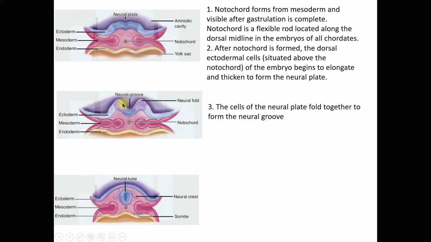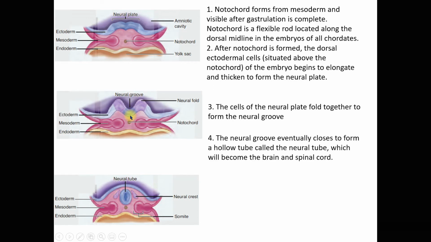Now we have this neural groove. Next, this neural groove will eventually close to form the neural tube. You can see the neural tube here, which is a hollow tube, and this neural tube will develop into the brain and spinal cord.